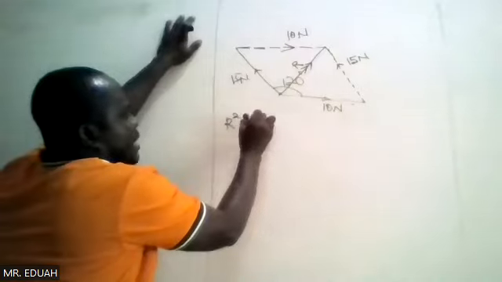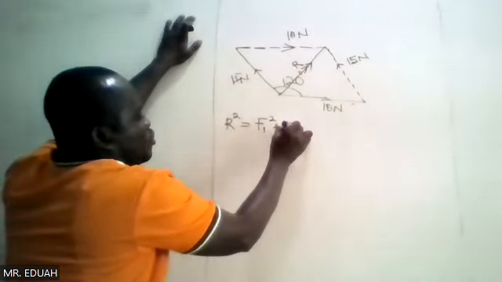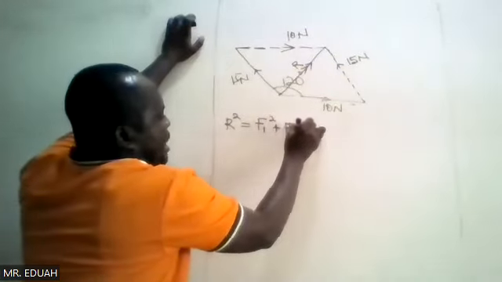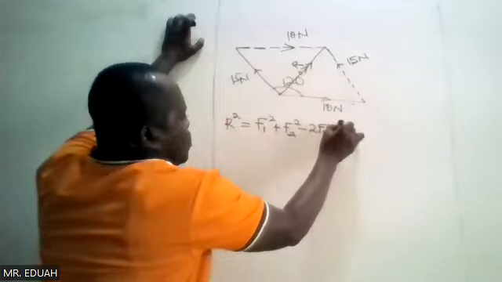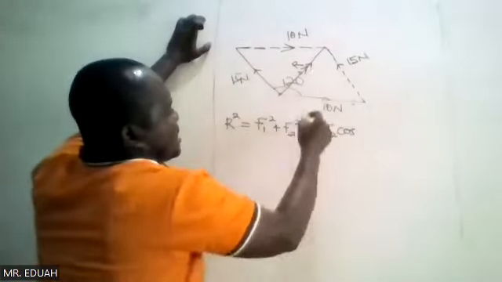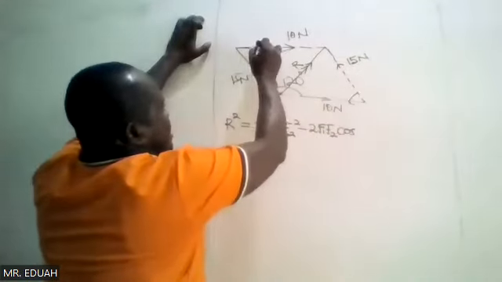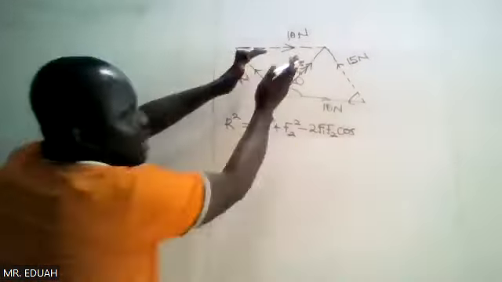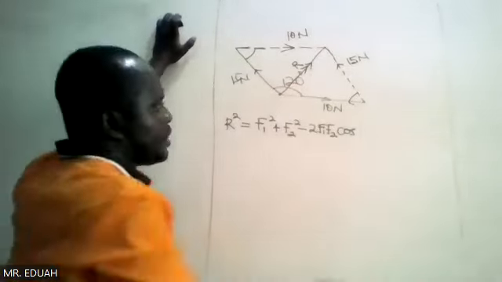R squared is equal to F1 squared plus F2 squared minus 2 F1 F2 cos of the angle opposite to the resultant. This can be this or that, depending on which side you want to use for your calculation.